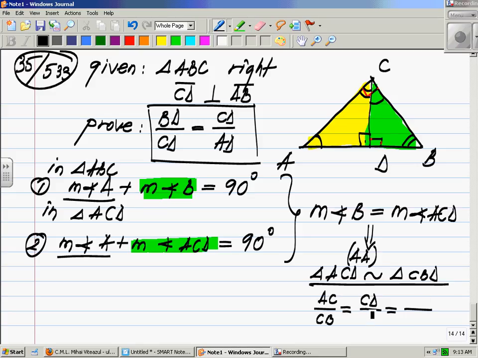So CD over BD will be the same as the third side, AD over CD.